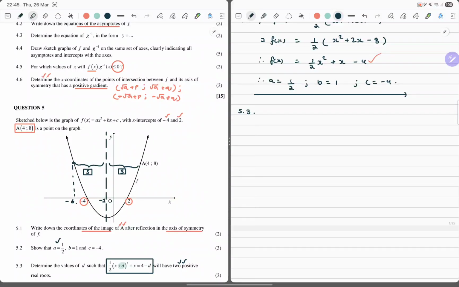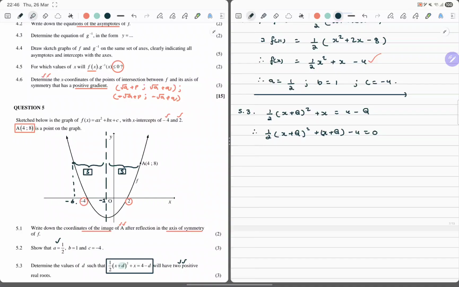So we need to write it in standard form. So we've got 1 over 2 into x plus d all squared plus x equals 4 minus d. Therefore, what we are looking for is a half of x plus d all squared. Plus we move everything, so it's going to be x plus d. So we want it there. Then minus 4 equal to 0.